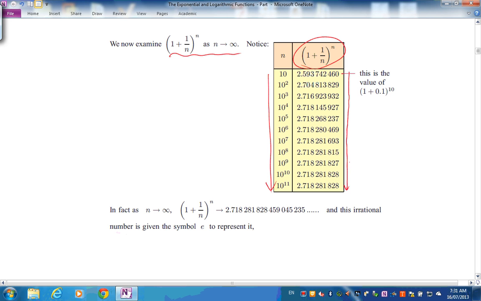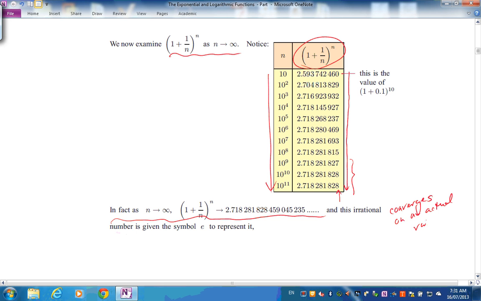Oh, hey, look at this down here. It's approaching some value. It's steadying up. It's only changing the very, very last decimal place. So what we're going to say is as n tends to infinity, this thing converges. Okay, we say it converges, this expression converges on an actual value.